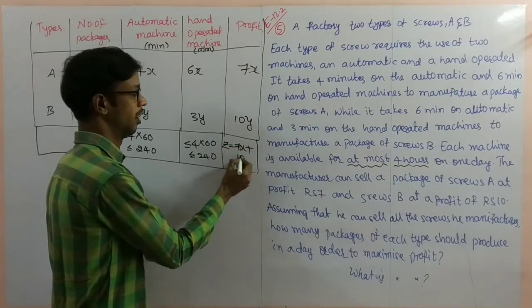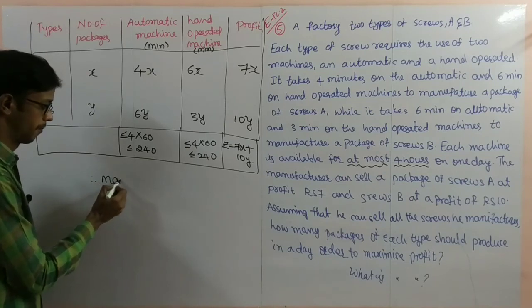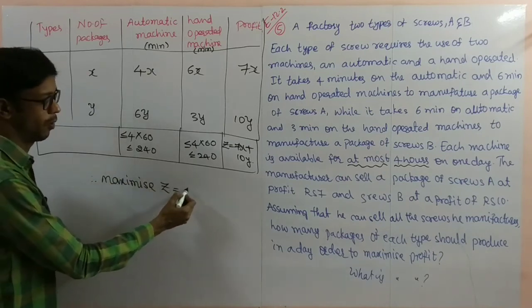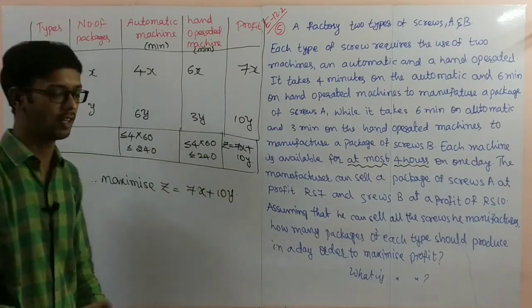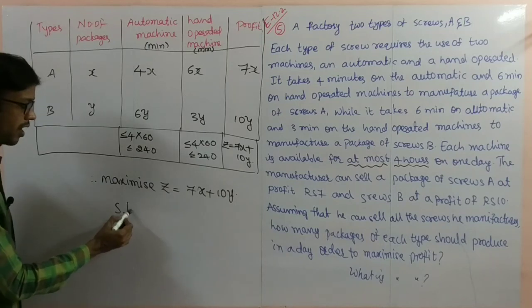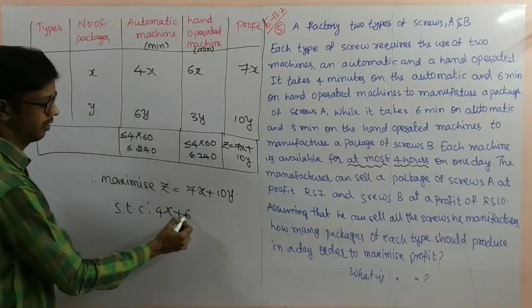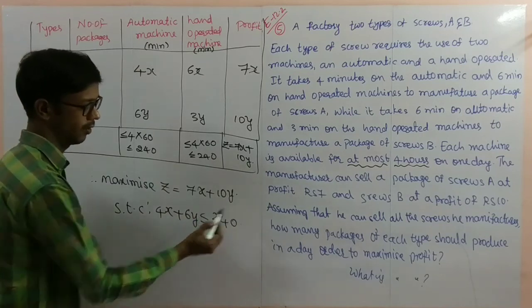7x plus 10y. Therefore, maximize Z, that is total profit, 7x plus 10y. Subject to constraints, write down 4x plus 6y is less than or equal to 240.